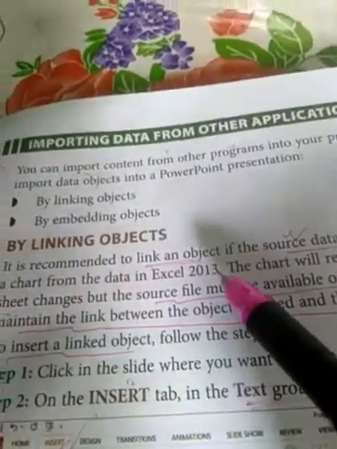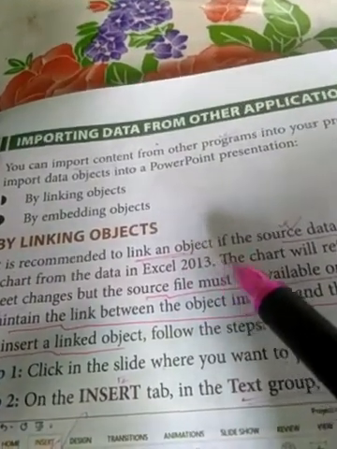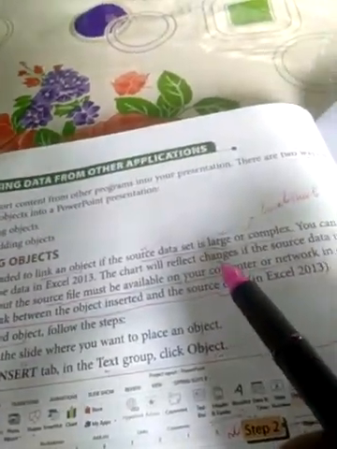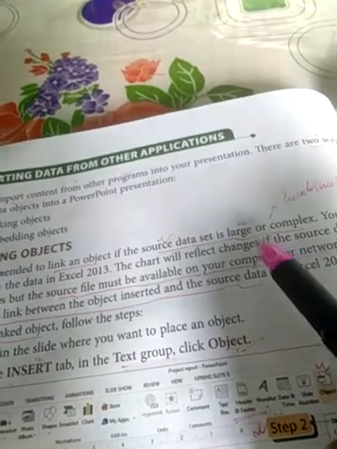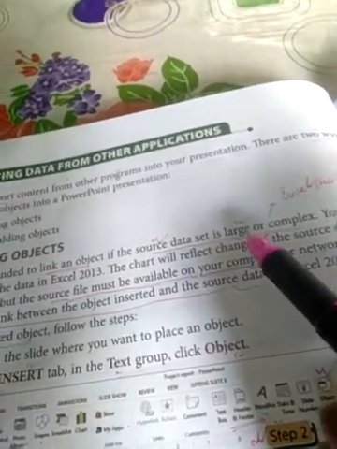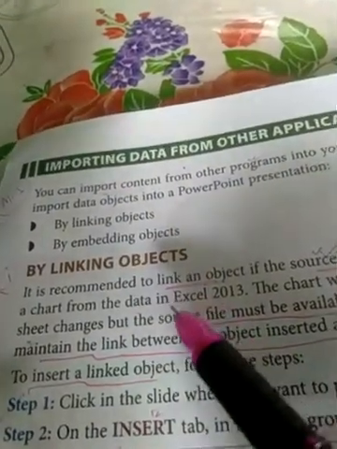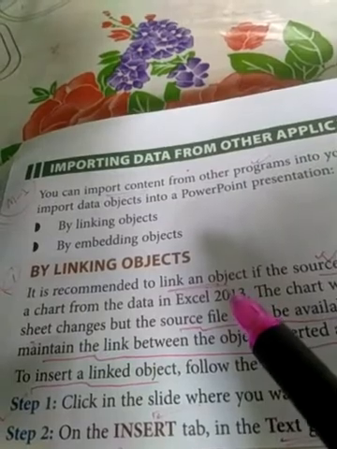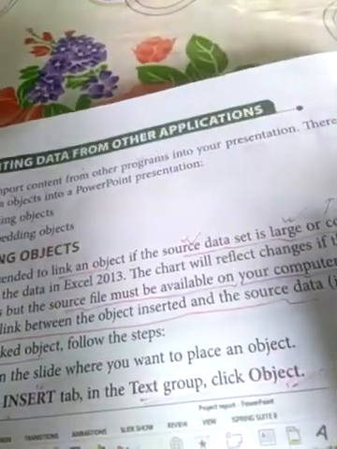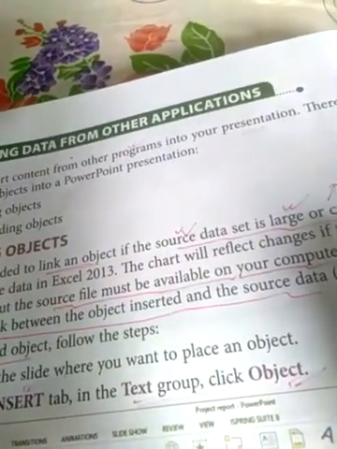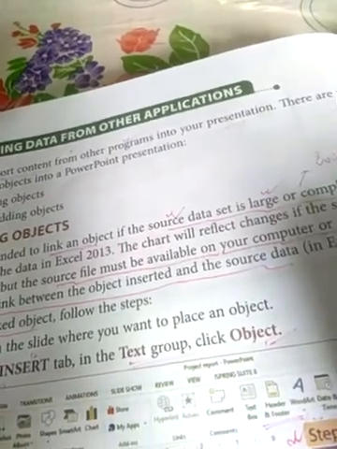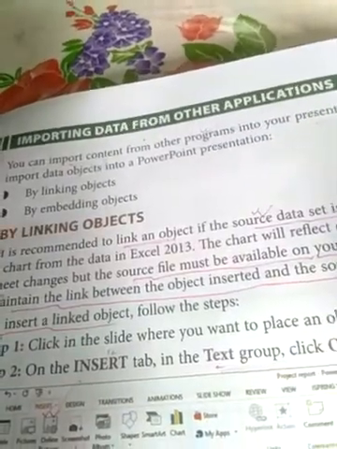It is recommended to link an object if the source data set is large or complex. Mind over here, if our source data is large or complex, then it is advisable to link an object directly to our desirable presentation slides. Clear?